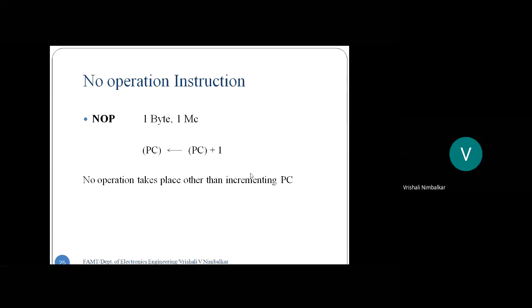Okay. Now, one more use of the NOP is, see, whenever I'm writing an assembly language program, at the very first instance, I do not get to know what all instructions I should be adding. Right? I did write the algorithm. After algorithm, we did write the program.